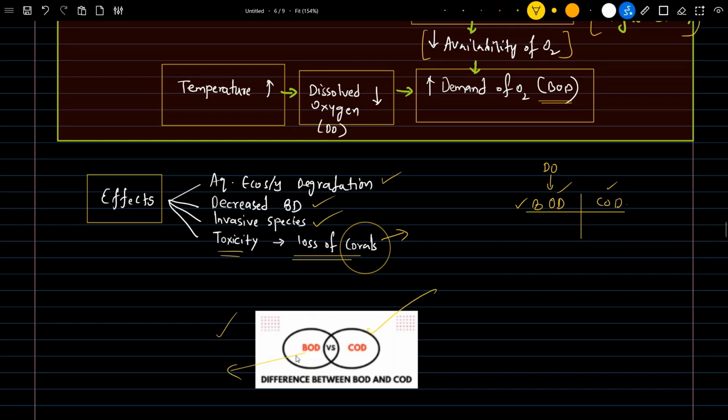If the requirement of dissolved oxygen is for the oxidation of both organic and inorganic constituents, then it is called chemical oxygen demand. So biological oxygen demand is only for organic matter decomposition.